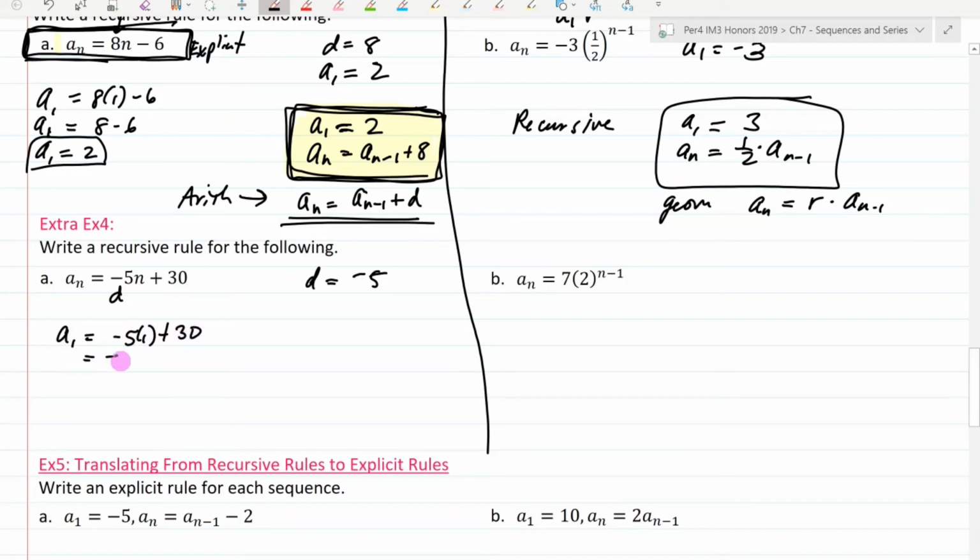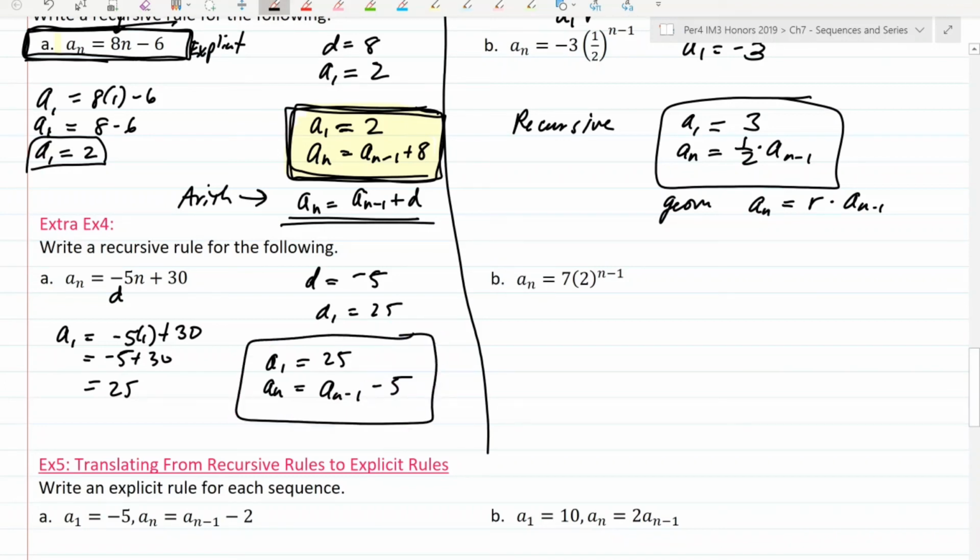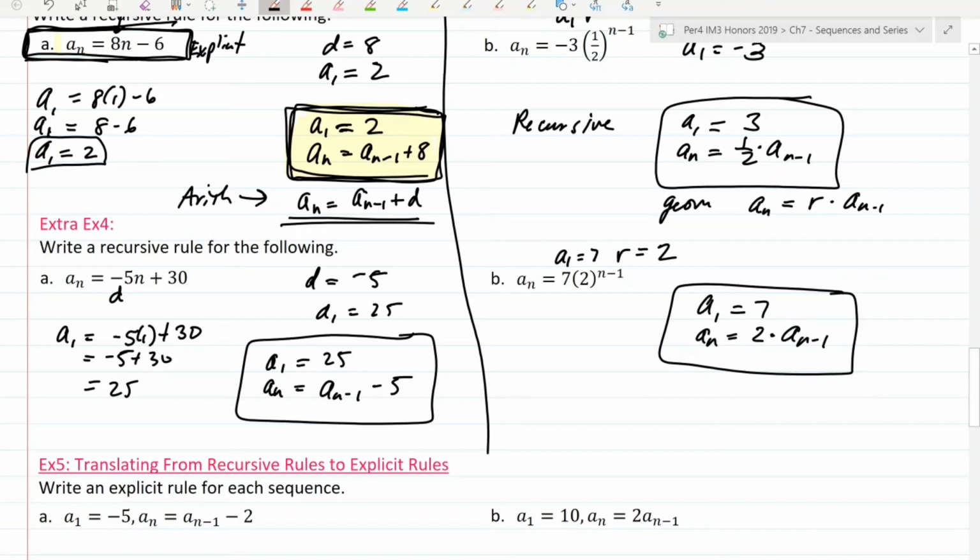So that's -5 plus 30, which is 25. So your formula would be a1 is equal to 25, and it's the previous term minus 5, not plus 5. In this case, a1 is equal to 7, r is equal to 2. So a1 equals 7, an is equal to r times the previous term. And that's all you really have to do there.